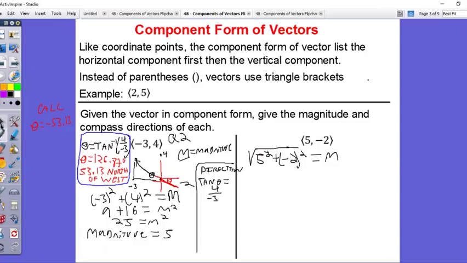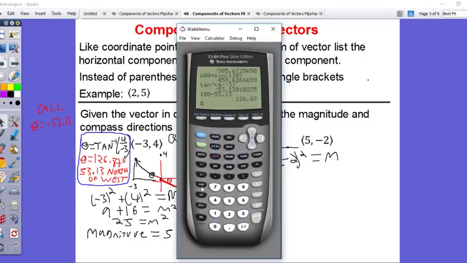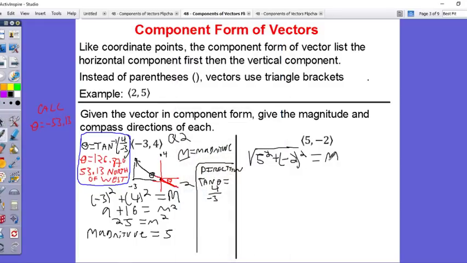So find the square root of 5 squared plus negative 2 squared. 4.58. So magnitude is equal to 4.58. And remember, when x is positive and y is negative, we are in quadrant 4.